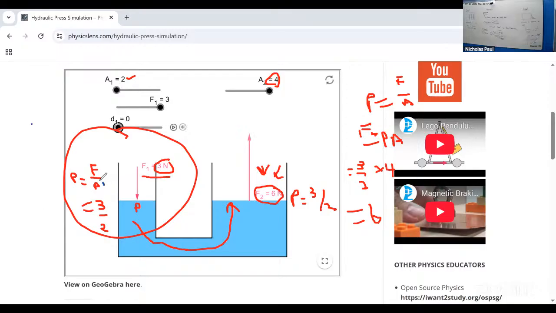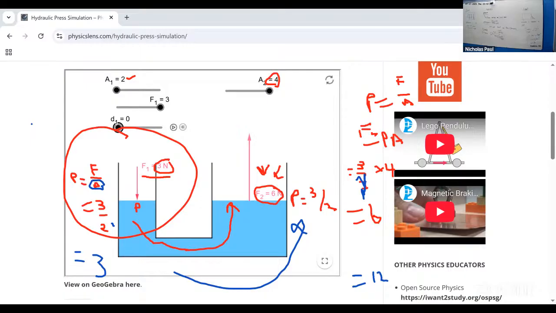So you say we can make the area smaller. Let's change the area to 1. What would the pressure be? The pressure will be 3 over 1. And when you carry that 3 here, you will get 3 by 4, which is 12. So it means that same 3 Newton force can now lift 12 Newton.